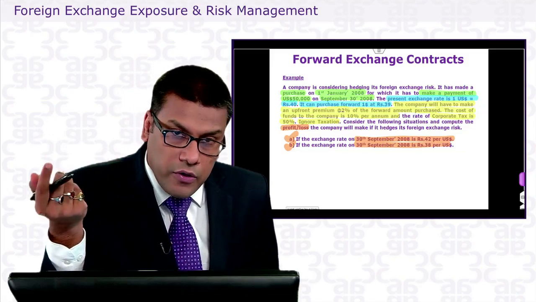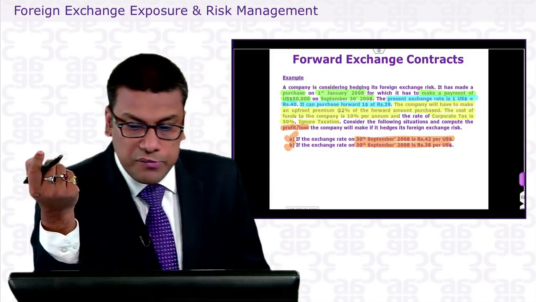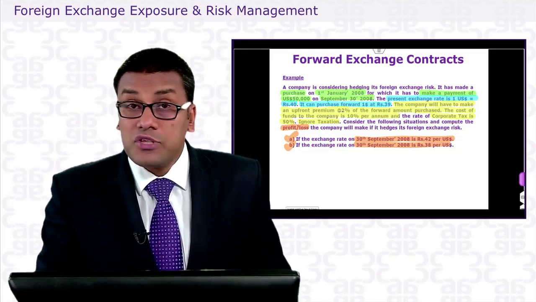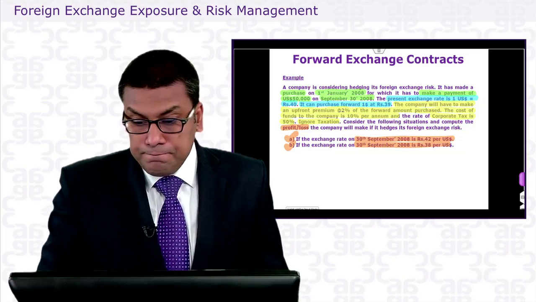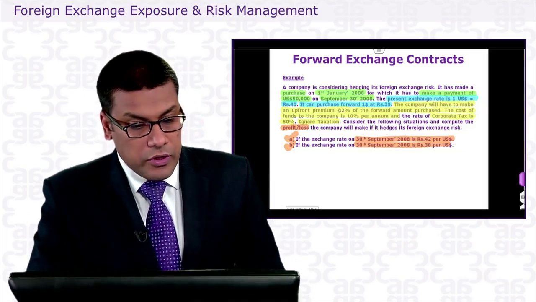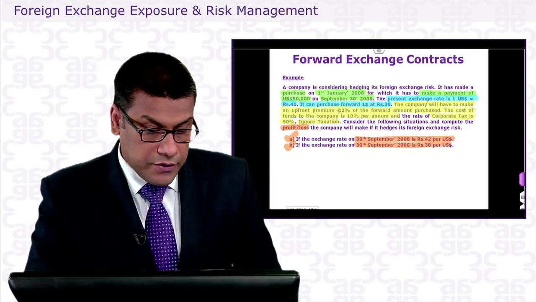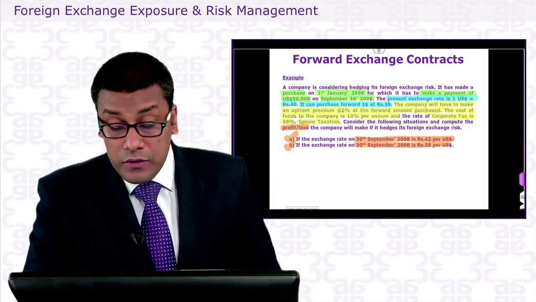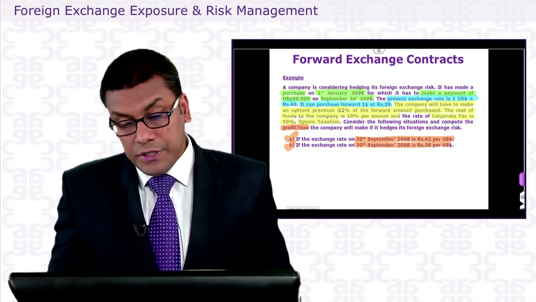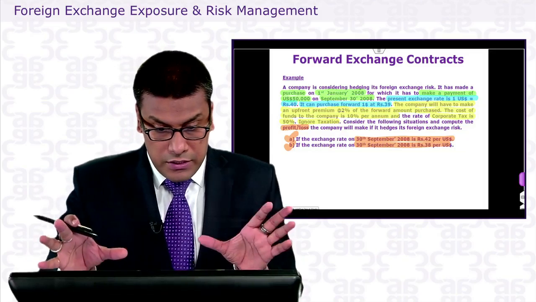If you take up a forward contract, you have to pay 2% upfront premium, for which the cost of fund would be 10% per annum. You have to compute the profit or loss if on 30th of September the rupee becomes weak, goes to 42 from current 40, or if it becomes strong, goes to 38 from current 40.